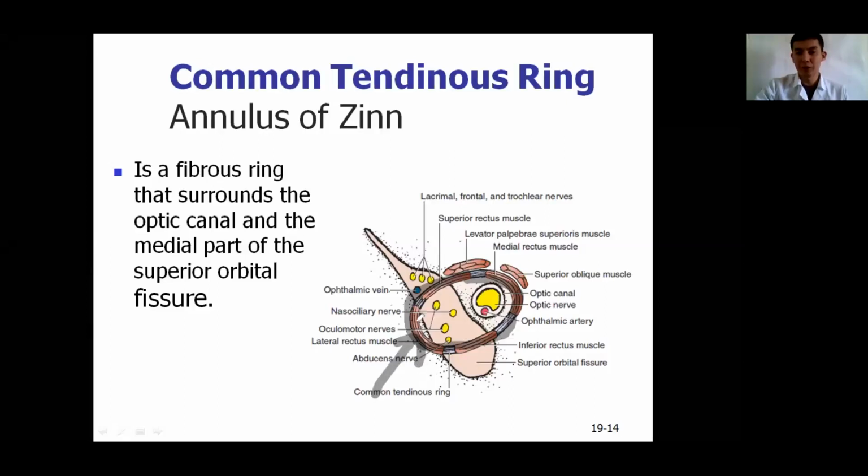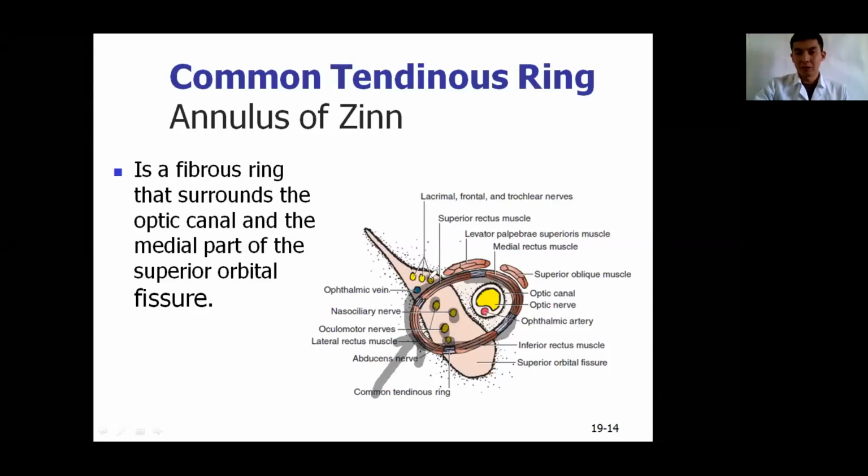That part of the superior orbital fissure which is placed within the common tendinous ring contains nerves such as the nasociliary nerve, oculomotor nerve, and abducent nerve.